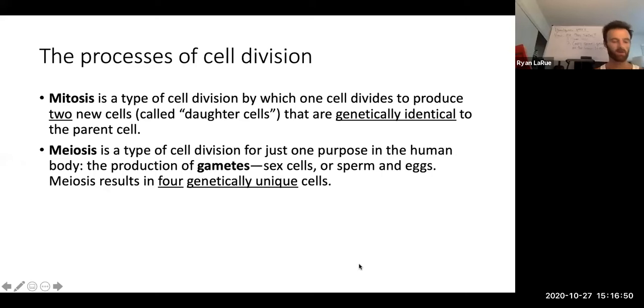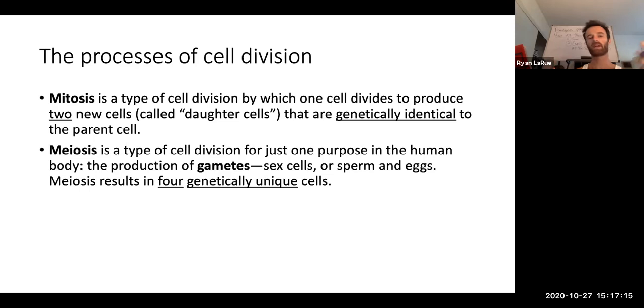Okay, now, like I said, we're not going to be talking about cell division today, but I put this slide in here because we're going to be talking about some of the terms for cell types and what these cell types are that undergo these types of cell division, mitosis, meiosis.